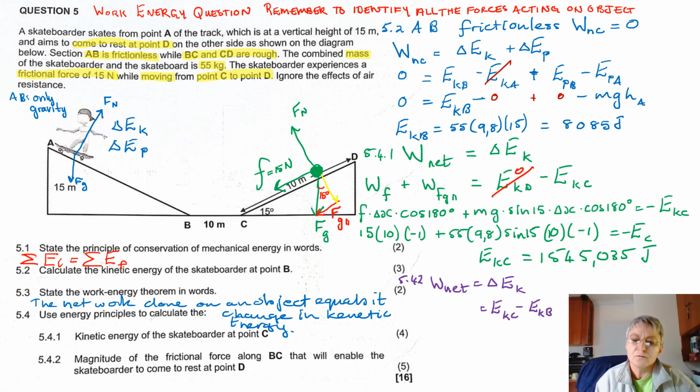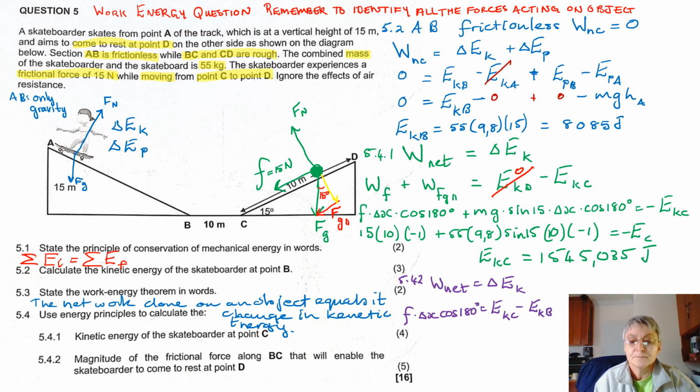The only force acting on the object while it's moving from B to C is the friction. There is no gravity. Gravity is 90 degrees to the motion. So it's delta x. And friction will once again be in the opposite direction, so it's 180 degrees.